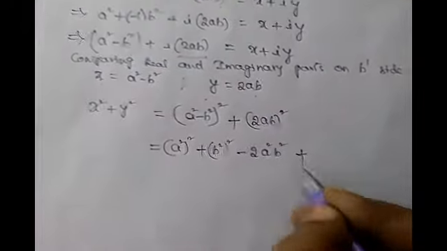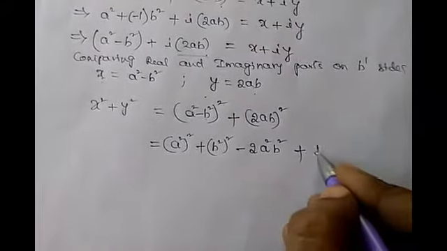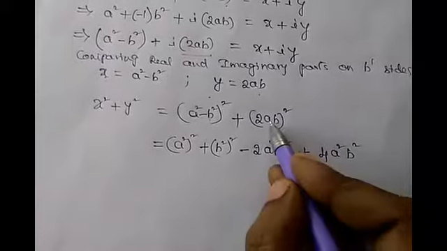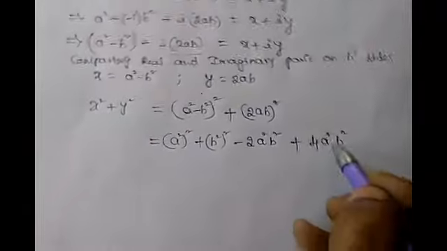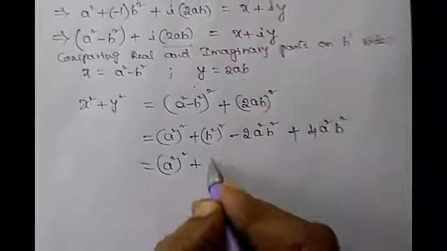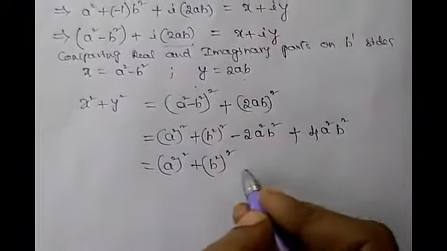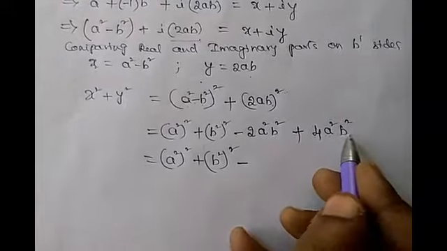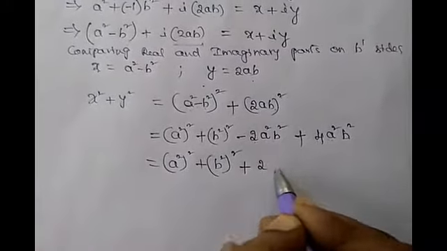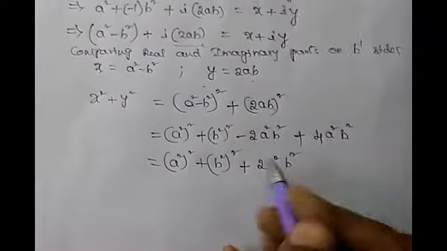So a square whole square plus b square whole square minus 2 into ab, that means a square and b square here, plus 2ab whole square means 4 into a square b square. 2 square gives 4 and a square b square. A square whole square plus b square whole square, 4a square b square minus 2a square b square gives plus 2a square b square.